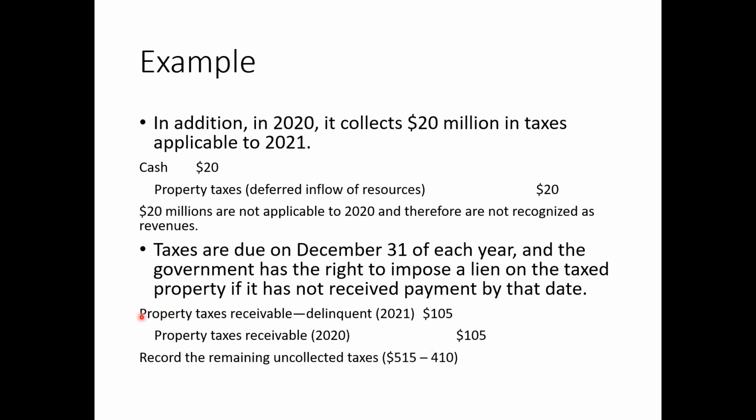So we record the remaining balance as property tax receivable delinquent: debit delinquent property tax receivables and credit property tax receivables, that's $105 million. The financial statement should clearly show what is not collected yet and what has been collected, which is $410 million.